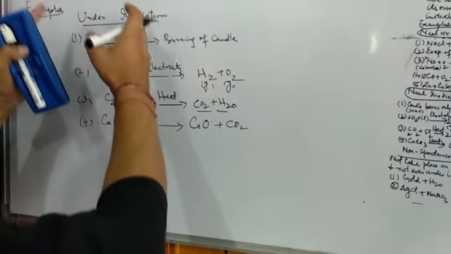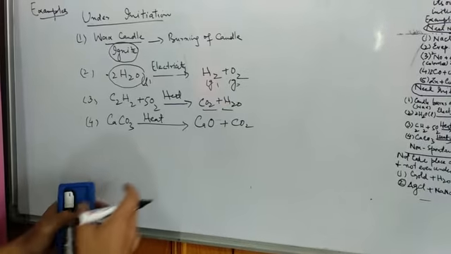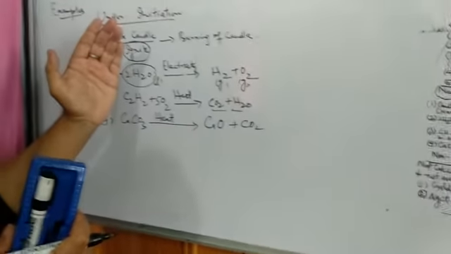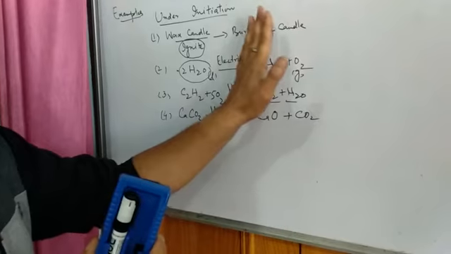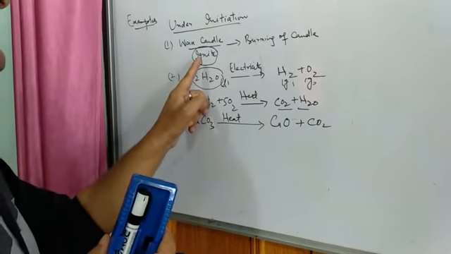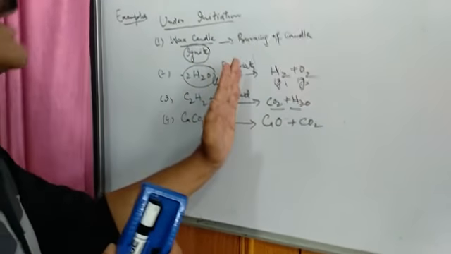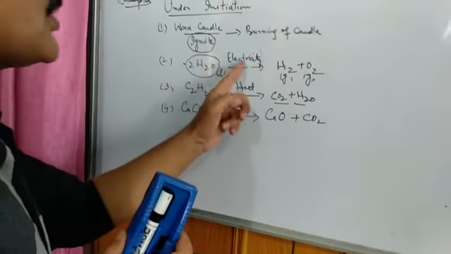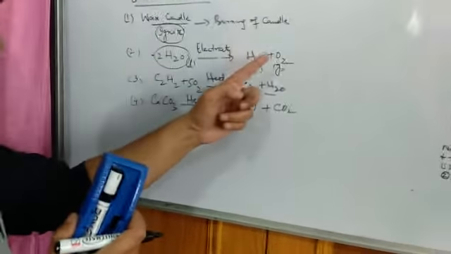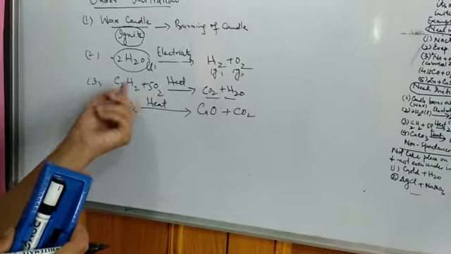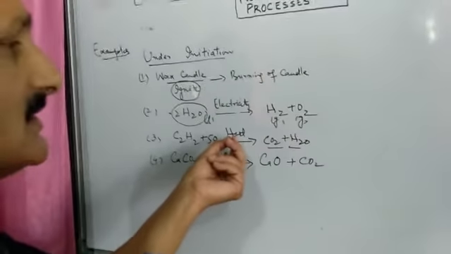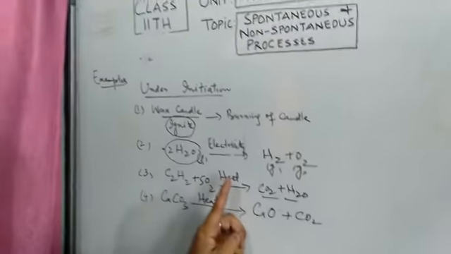So these are some very typical examples where initiation has been provided. For example, here in this case, ignition has been provided as initiation. Here electricity has been provided as initiation, because until and unless we provide electricity, no electrolysis of water will take place. Similarly, oxidation of acetylene will not take place until and unless initiation in the form of heat is provided.